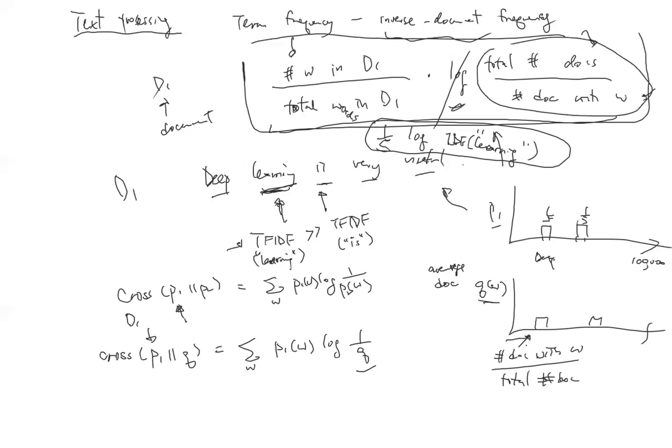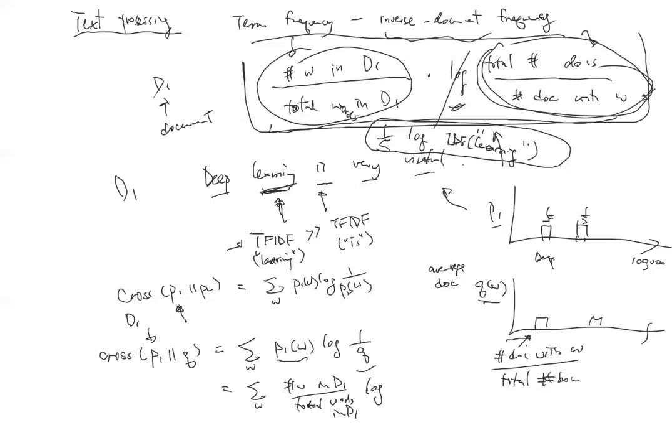So P1(W) is just the number of W in D1 over the total words in D1, or simply this one here, times log this guy here. In that sense, this term is nothing but the TF-IDF for word W.